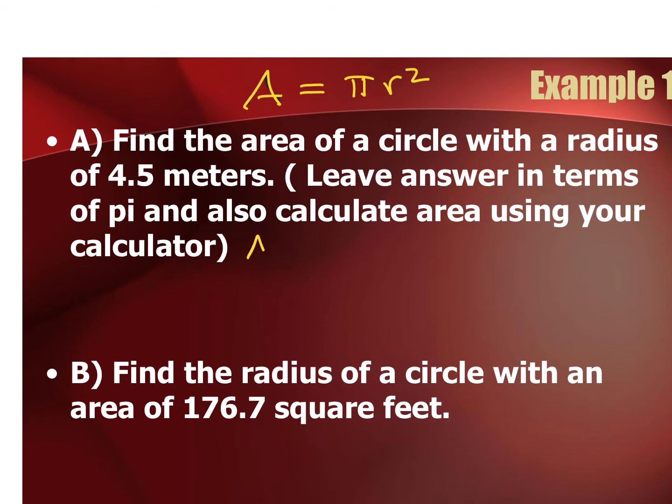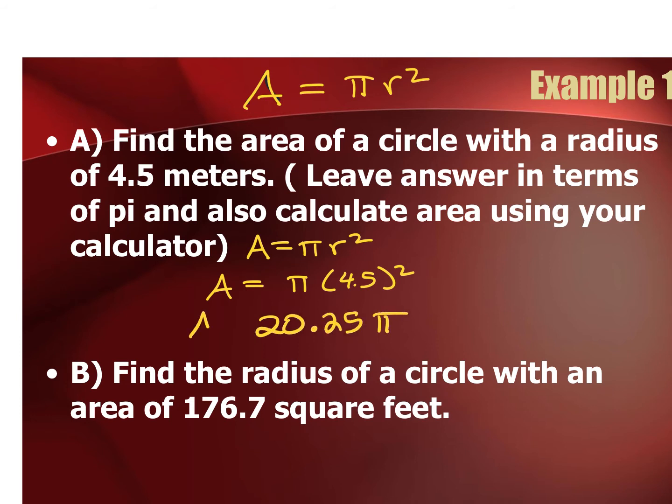So what I'm going to do here is area is equal to pi r squared. So let me replace what I know, 4.5, and I'm going to square that. Once I square 4.5, I get 20.25, and then left in terms of pi, it's 20.25 pi, and you were given this as meters, so it's meters squared.